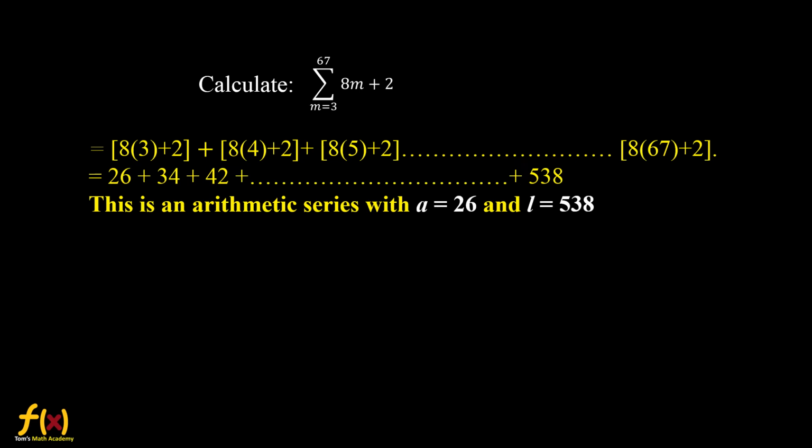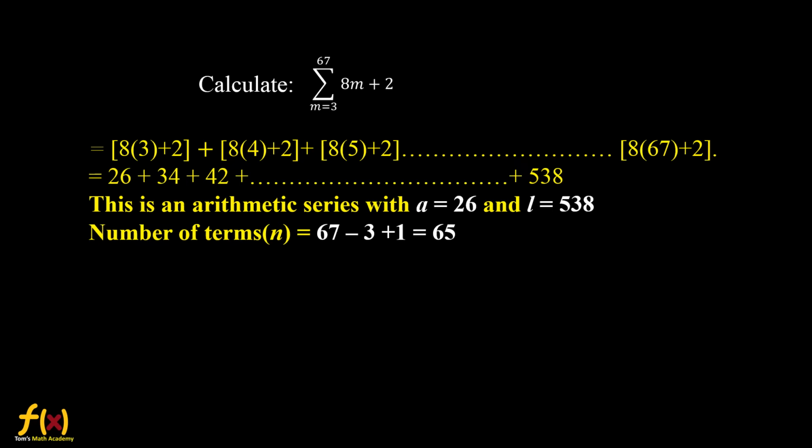So we realize that it is an arithmetic series. The first term a is 26. The last term is 538. Now, how many terms? The number of terms must be calculated. The method is very simple.